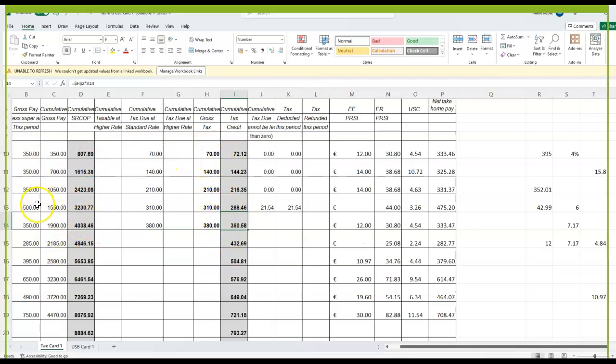But now I have used up some of them in the 500 euro, and I am now going to go back to reducing it. So 380 minus 360. So that gives me 19.42. Up to the previous week, it was 21.54. So this is where I'm going to get a refund because the amount this week is lower. So it's a refund due.